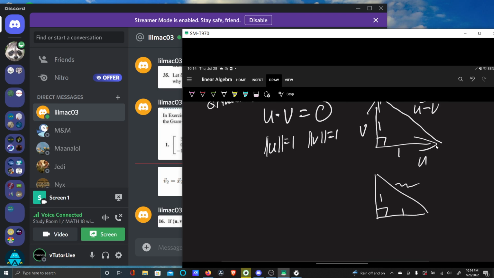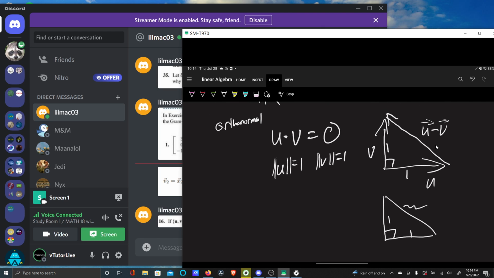I guess what's really happening here is, sorry, I should draw a little more consistently. If you have u minus v, it looks more like riding along u, starting at the origin, and then riding along minus v, right? It's the same exact thing.